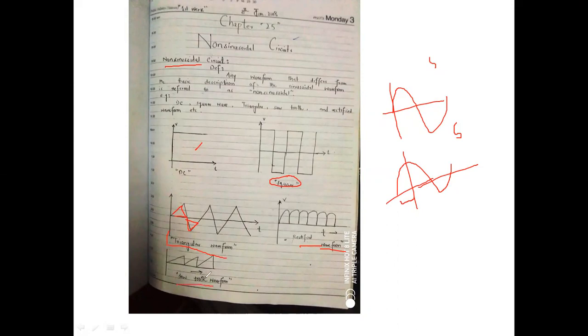And the sawtooth, because it looks like the teeth of a saw. So these are also non-sinusoidal waveforms. These are a few standard non-sinusoidal waveforms, and we will apply them in our lecture.